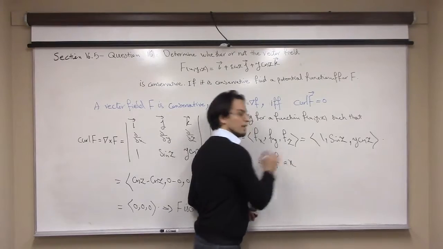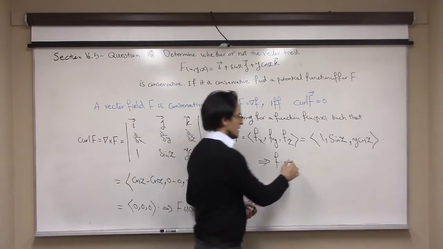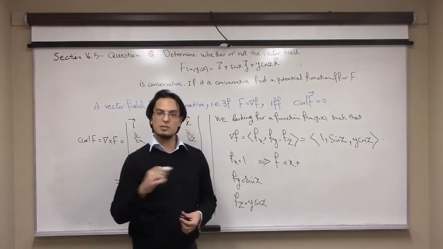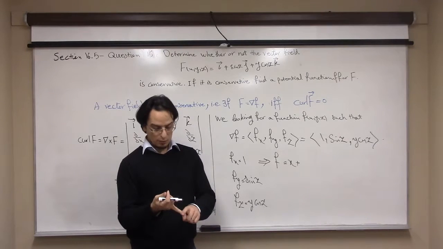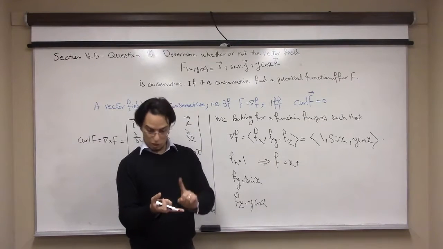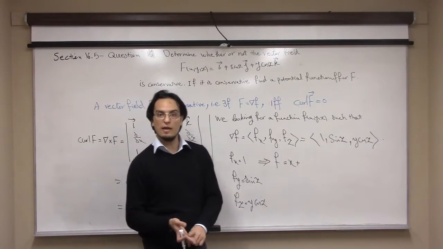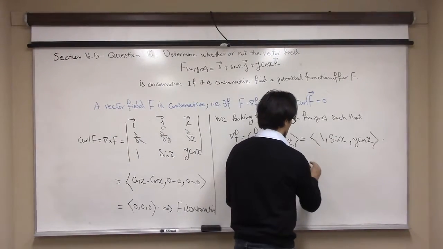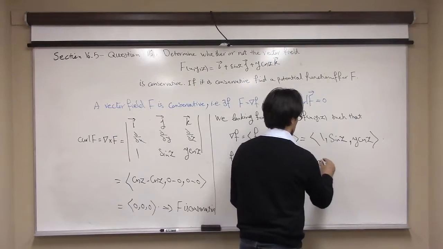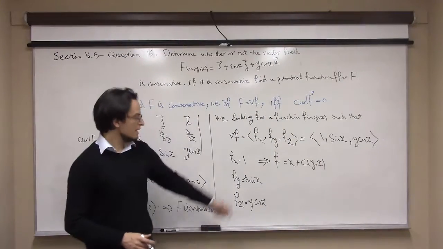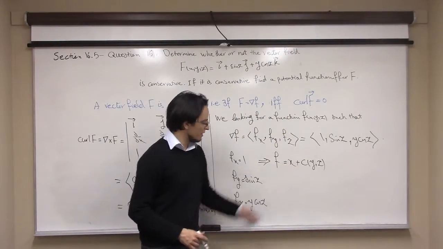Antiderivative of 1 is x plus any constant with respect to x. Any constant with respect to x means it's just a function of y and z. So I can have this form. Okay, that's the form of my function.